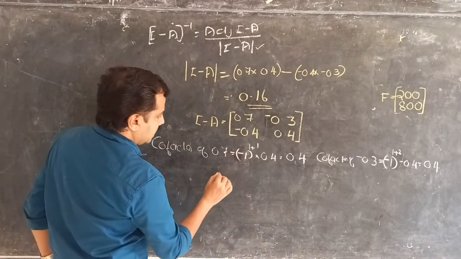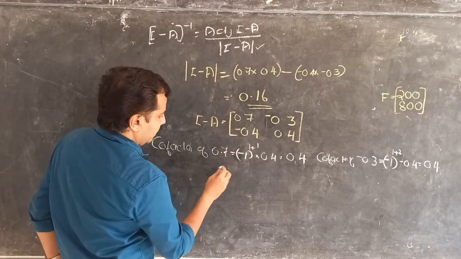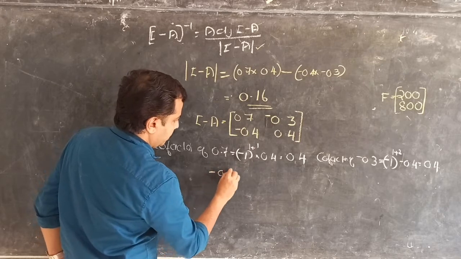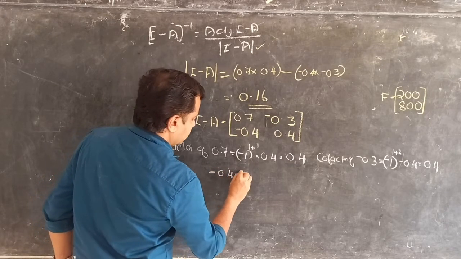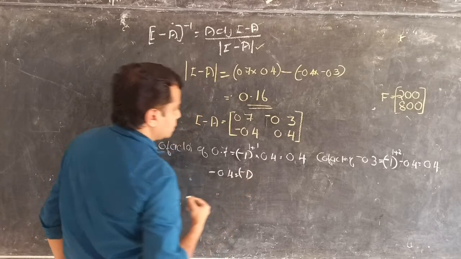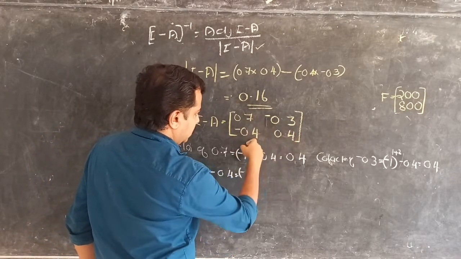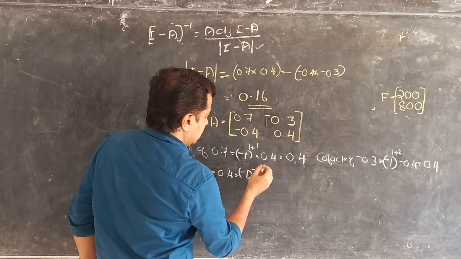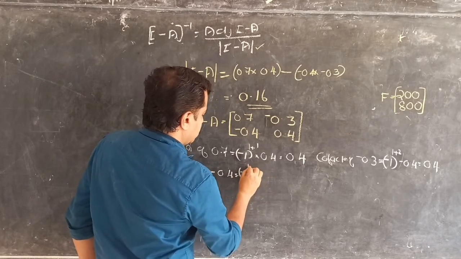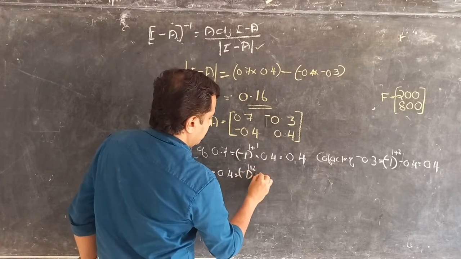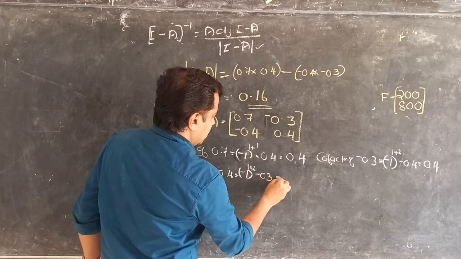So the cofactor of minus 0.4 is equal to minus 1 raised to, this row gone, this column gone, so I have minus 1 raised to 1 plus 2 into minus 0.3.